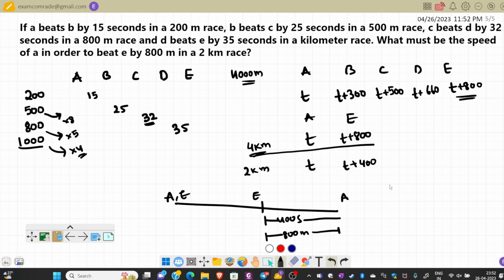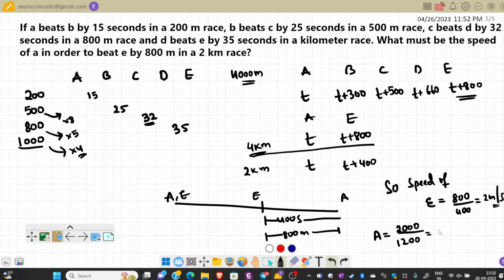So the speed of E is equal to 800 by 400, which is 2 meters per second. But the question is not about E, the question is about A. As we have discussed in the earlier questions, A has covered a distance of 2000 meters, B has covered a distance of 1200 meters.